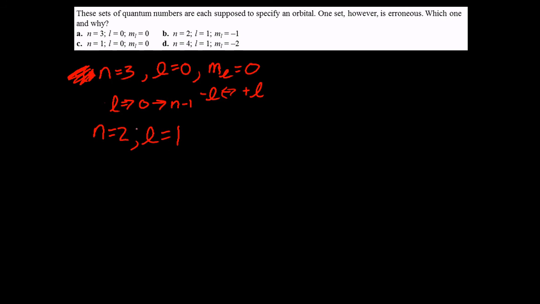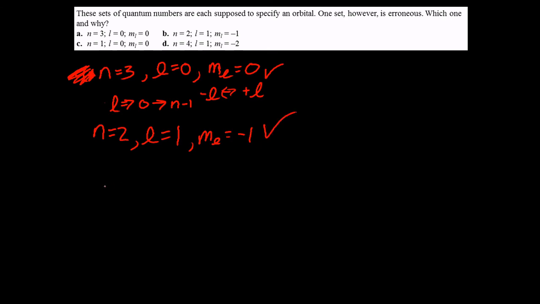So if n is 2, L can be 0 or 1. So it's okay for this to be 1. In that case, is mL allowed to be negative 1? Yes, it is, because for the same reason, mL can be anything from negative L up to positive L. So it could be negative 1, 0, or positive 1. So this is perfectly fine. This one was okay.